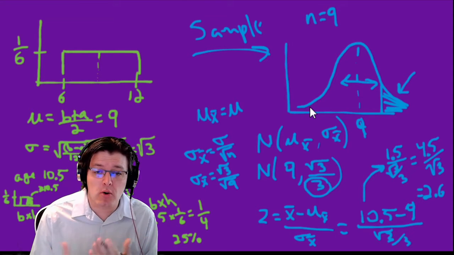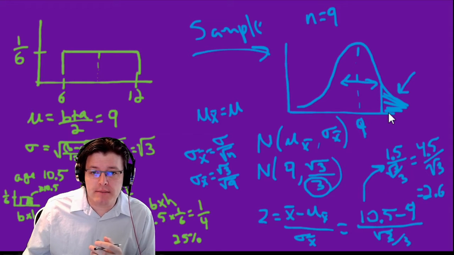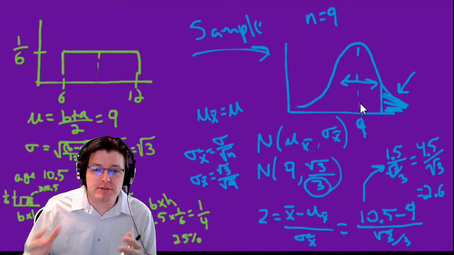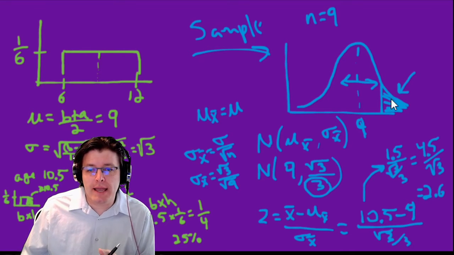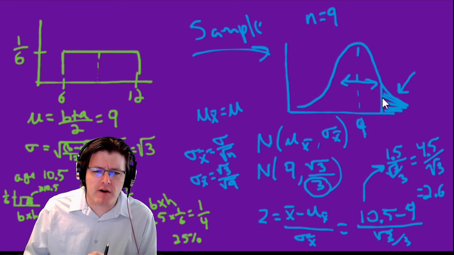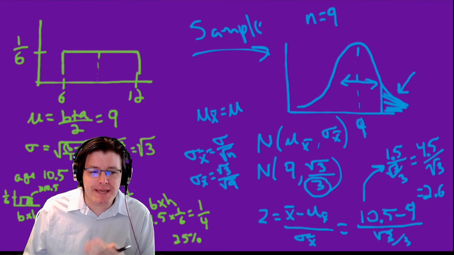We found the z-score of a sample mean being that far away from the mean of the sample means, right? When we take a lot of samples, the mean of all of those samples is going to be 9. And so what are the likelihoods that we take a sample and it's this far out? Well, that's 2.6 standard deviations away from the mean of the sample means.